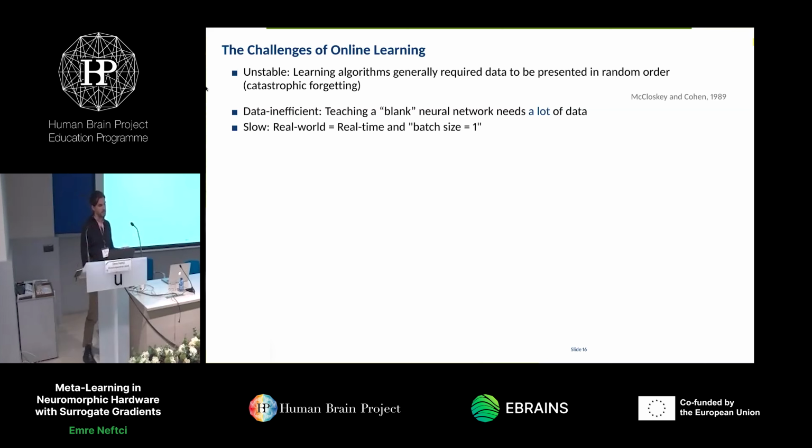Learning is unstable and you get catastrophic forgetting. It's also very data inefficient. We had to really show it these digits a lot of times for it to learn anything. So really teaching a blank neural network to learn takes a lot of time. And if you consider that the real world is basically one sample at a time and not batches of data, this makes it an extremely slow and unappealing learning platform. So how can we solve this problem?